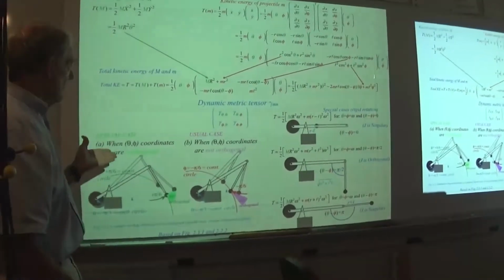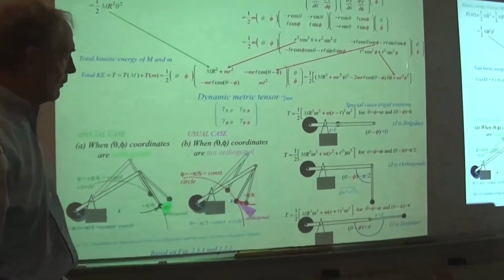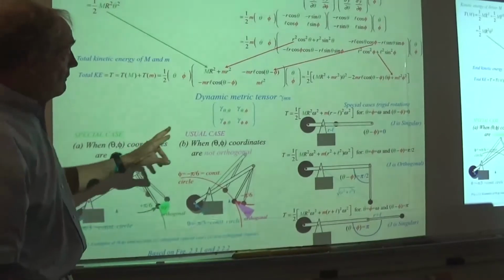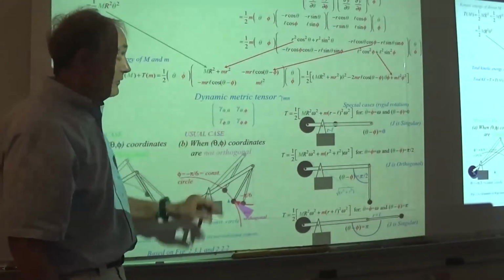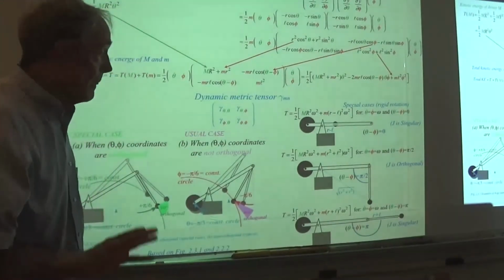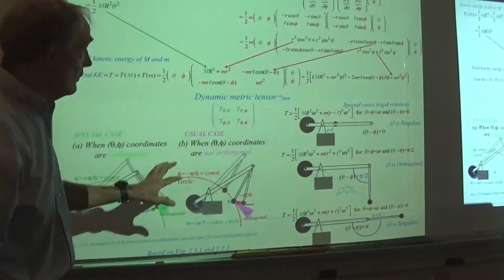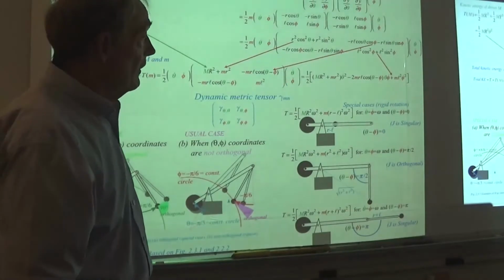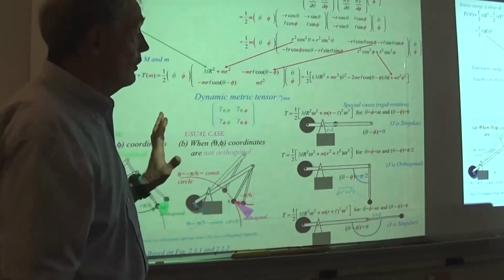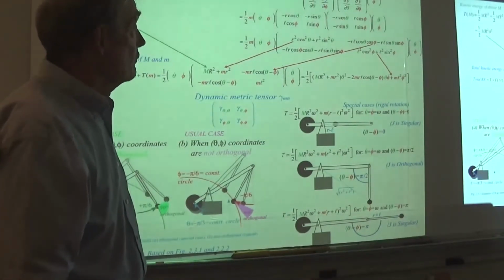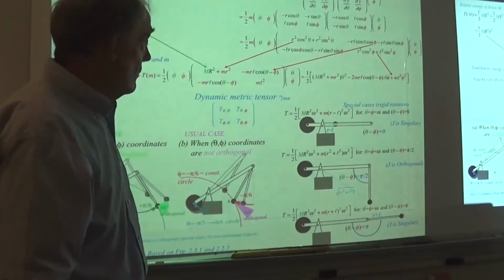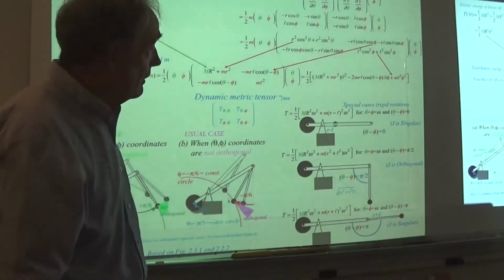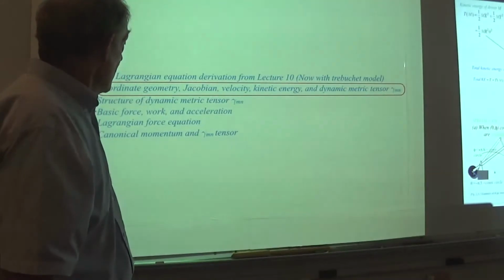There you have a brief instant where the coordinates are orthogonal, and the off-diagonal matrix elements will go to 0. So in some senses this behaves like a metric tensor that you use in pure differential geometry. Okay, so that's where we stand as far as making kinetic energy things.